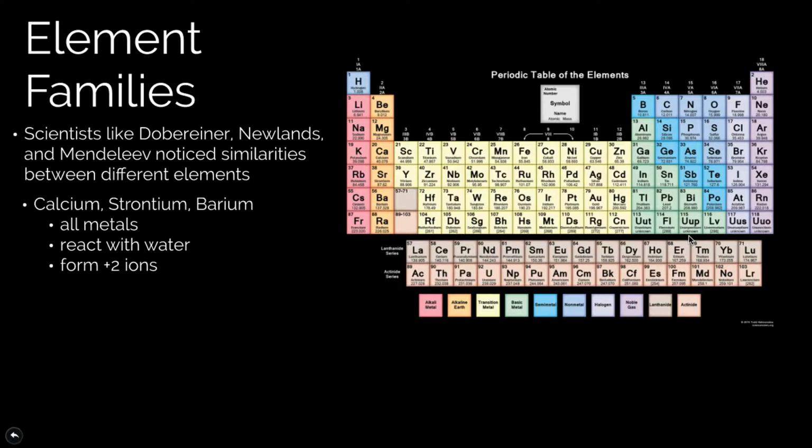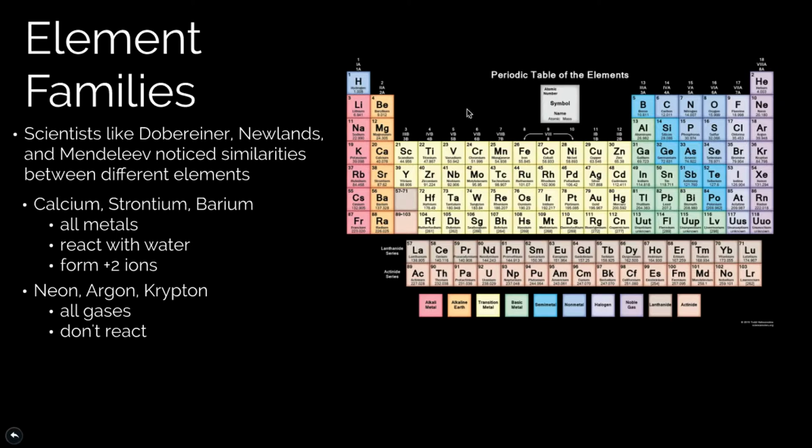They all react with water, and in a chemical reaction, they will all form +2 ions. And then another example is neon, argon, and krypton. We know that these are all gases at room temperature, and they don't react with any other elements. So that's very interesting, that they have all these similar properties even though they're different elements.